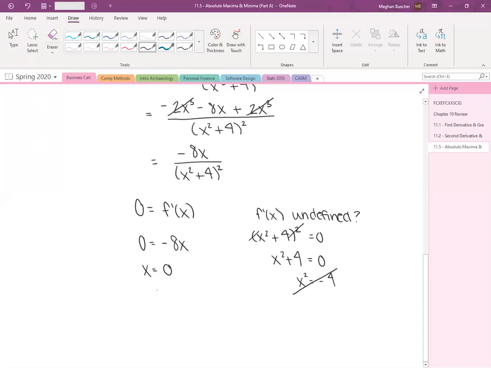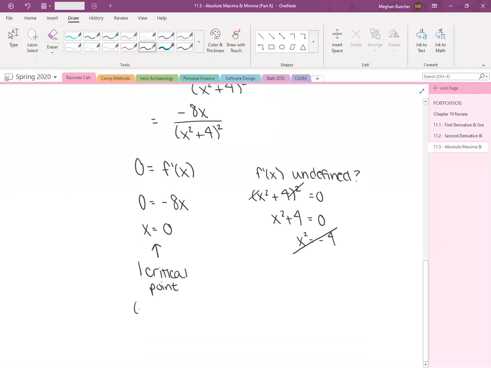So what that means is we have only one critical point. If we have only one critical point in an open interval, because we're looking at negative infinity to infinity, what does that mean? Are we going to have absolute or local extrema?